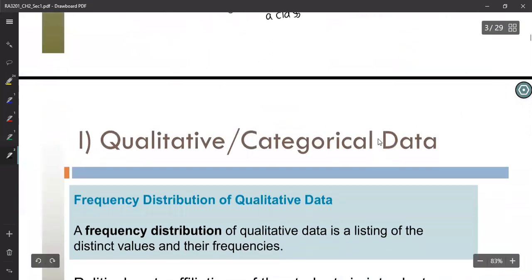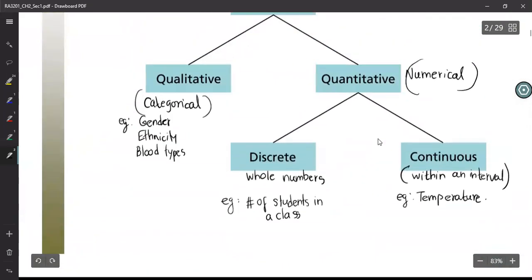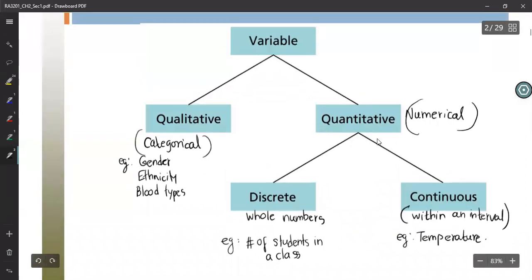Now, before we move on to these graphical summaries, why do you think it is good to represent your data in graphs or in a pictorial way? What is the reason for using graphs to represent your data?